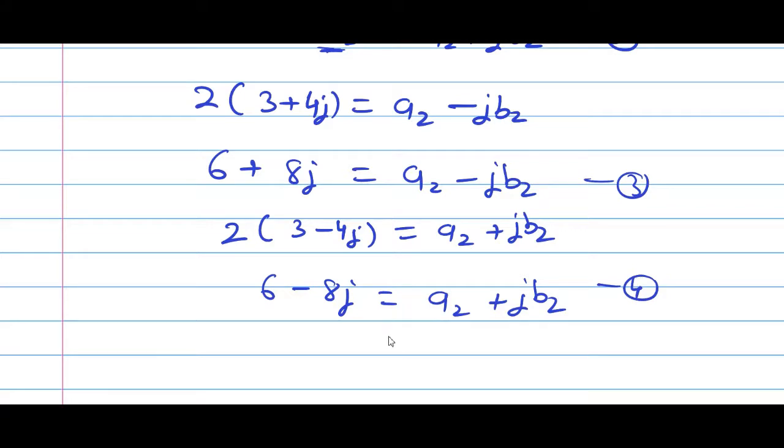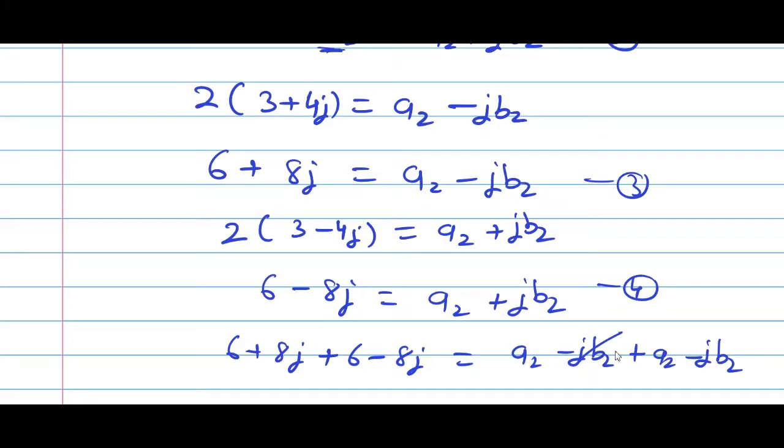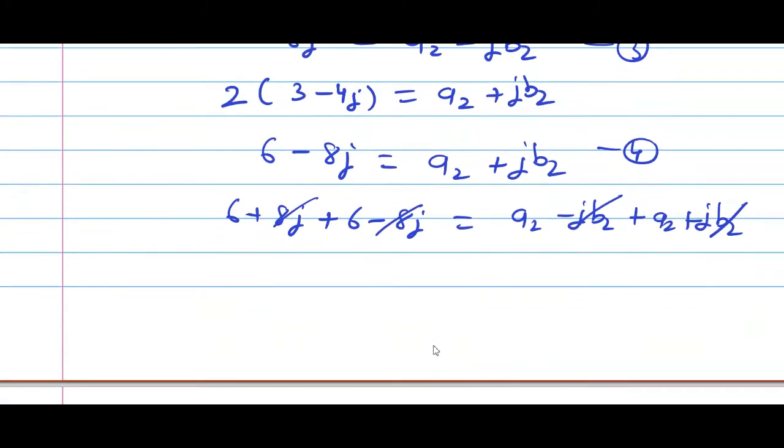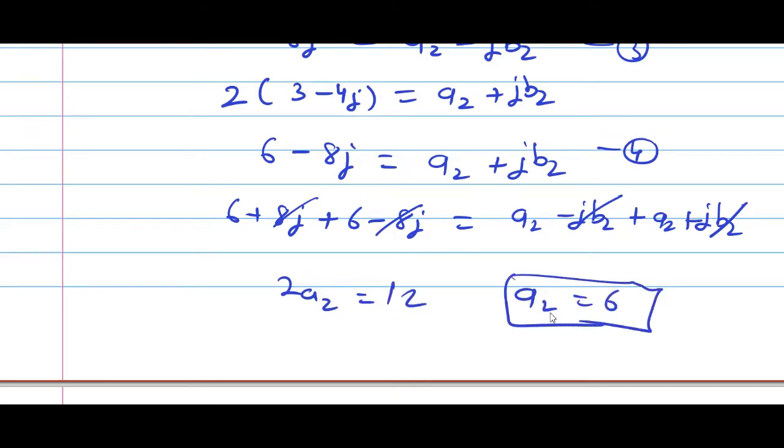Add equations 3 and 4. So it becomes 6 plus 8j plus 6 minus 8j equal to A2 minus JB2 plus A2 plus JB2. So minus JB2 plus JB2 get cancelled out, 8j minus 8j get cancelled out. So 2A2 equal to 12. So A2 equal to 6. Then substitute this in either equation 3 or 4.